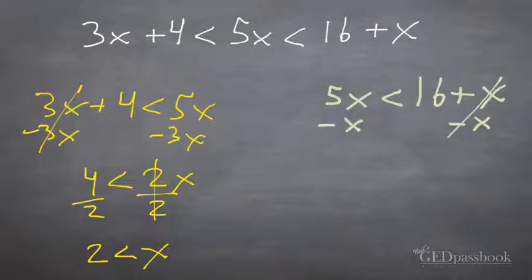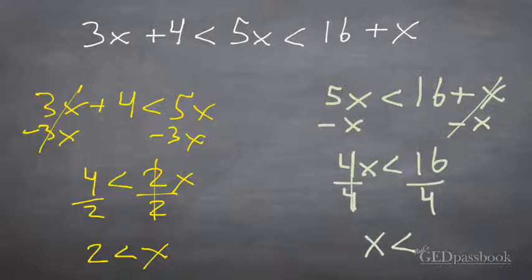Good. What's 5x minus x? 4x. Now what do you do? Divide by 4 on both sides. X is less than, what's 16 divided by 4?